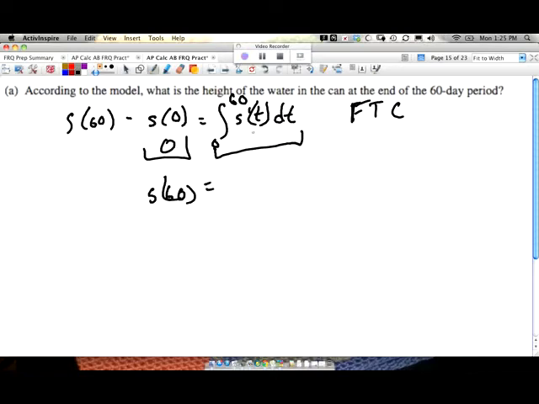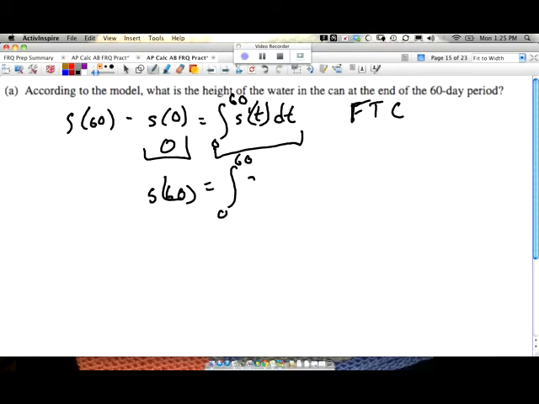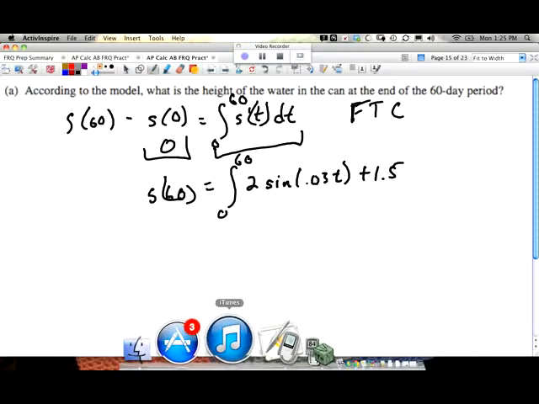So S of 60 equals the integral from 0 to 60 of 2 sine 0.03 t plus 1.5.